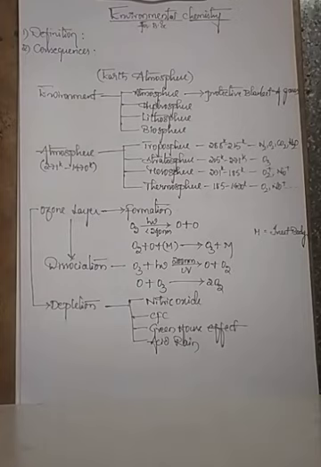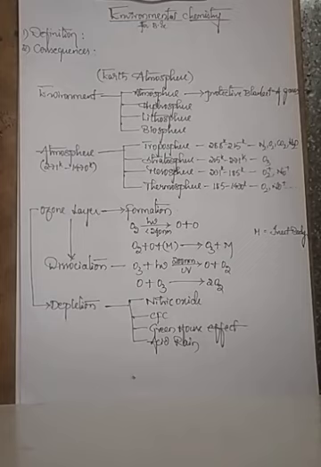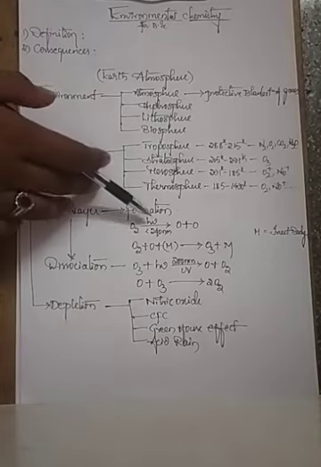Then the next one, the ozone layer. What is the ozone layer? Ozone is an allotropic form of oxygen, and it is also a highly reactive, toxic or poisonous gas. How is the ozone layer formed?